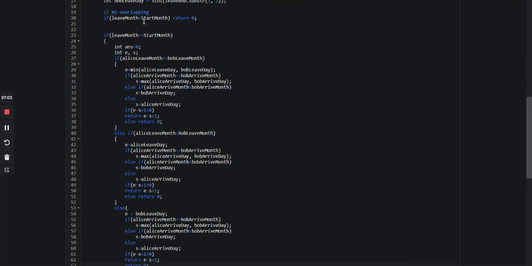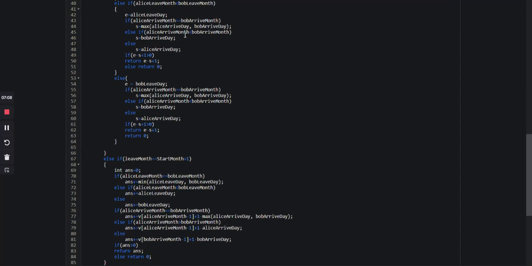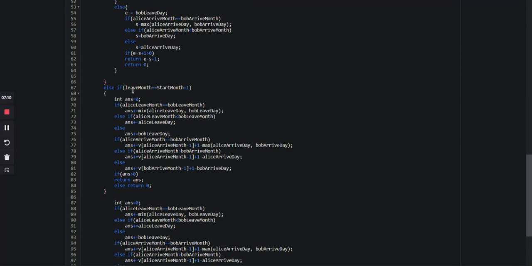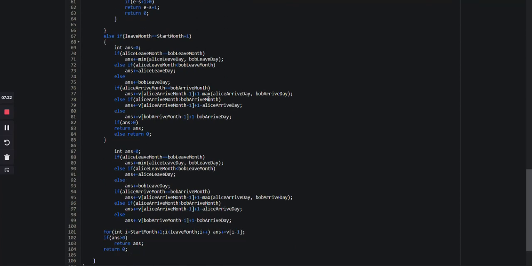And the next case: this was the case when the leave month and start month are same, but what if the start month is January and the leave month is February, when someone is leaving in the next month? So in that case, we need to again do a similar thing.